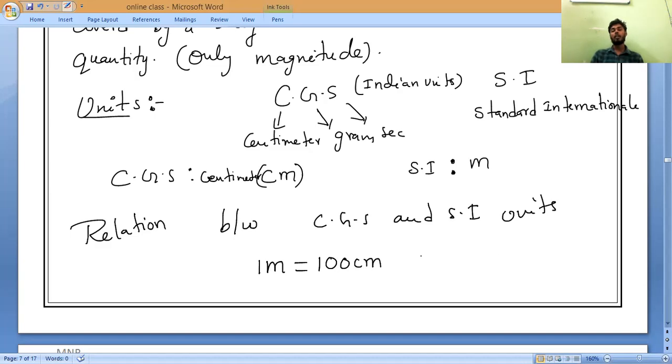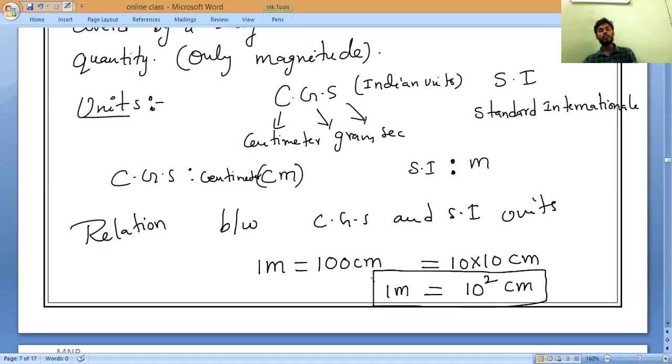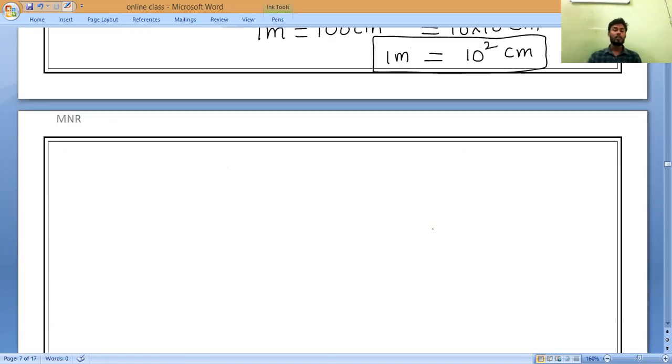Can I write 100 as 10 into 10? So I can write 10 squared. 1 meter is equal to 10 power 2 centimeters.